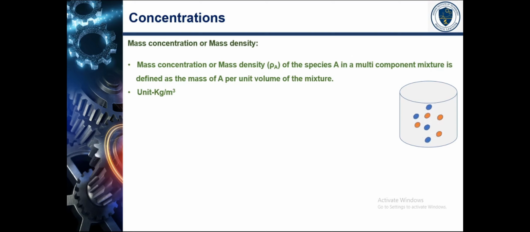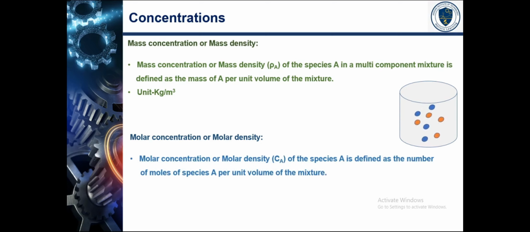Now we move on to the second parameter, that is molar concentration or molar density. It is defined as the number of moles of the particular species occupied per unit volume of the mixture. For example, the molar concentration or molar density of the species A is defined as the number of moles of species A per unit volume of the mixture.